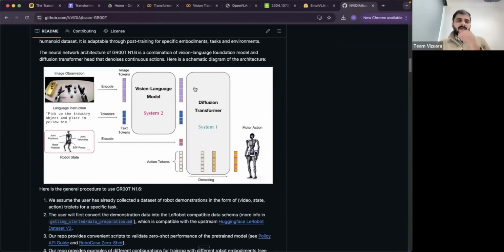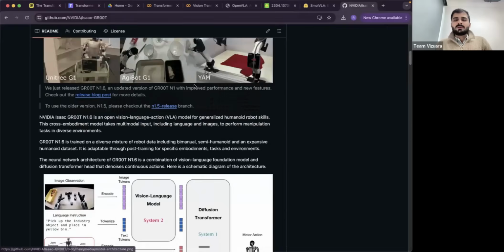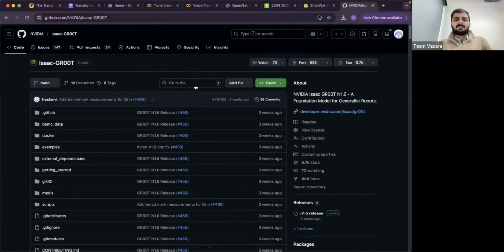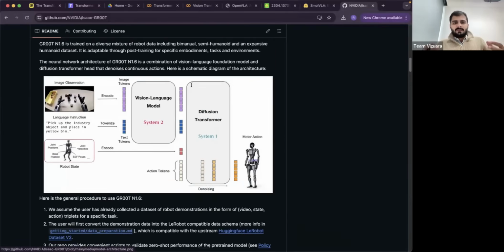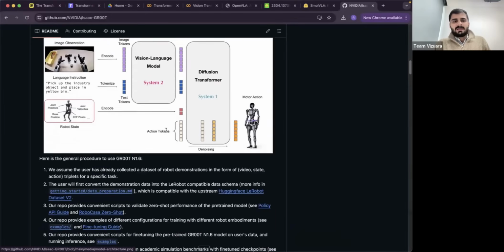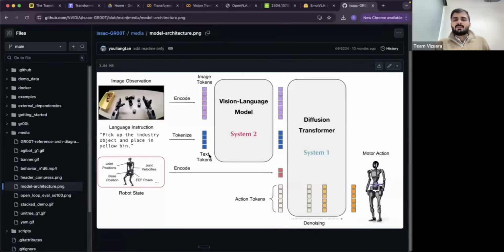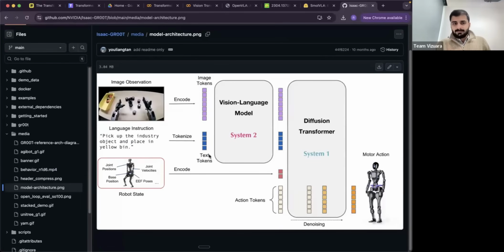Then you look at Nvidia's foundation model, which is GR00T, and you look at their page, and imagine you are very excited to learn about this and you land upon this image, which talks about the model architecture. So you give an instruction to the robot which says pick up the industry object and place it in the yellow bin.